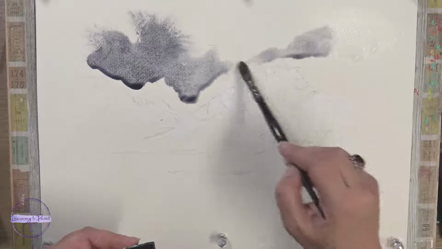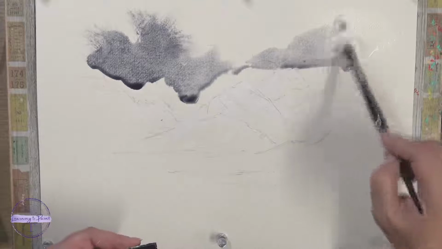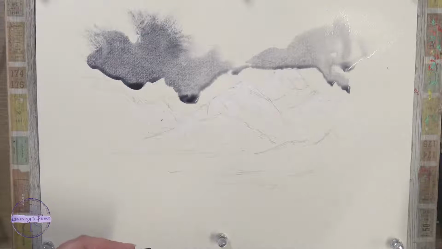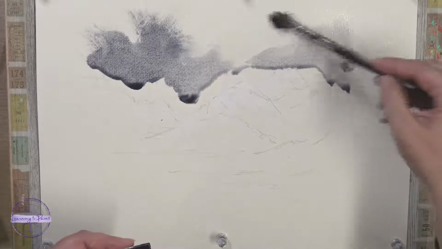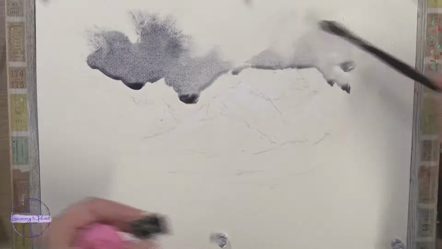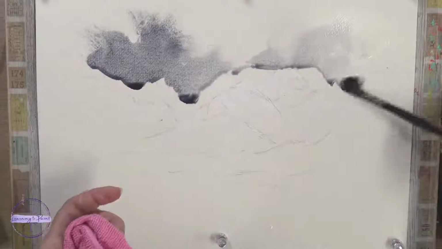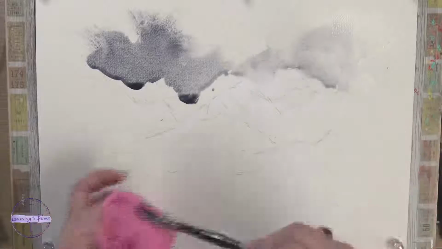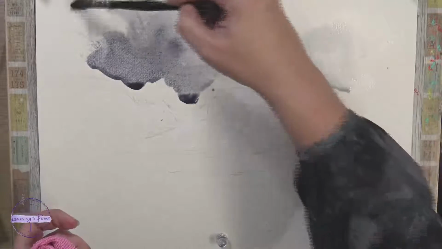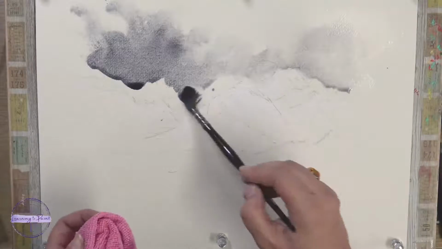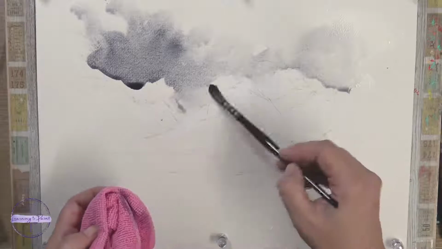And let's pop some of it as well over the top of this mountain so that we get a nice stormy version. Now I'm going to go back in with a wet brush to move this, to kind of eke it out a little bit. I want to mop some of that up. I can use my microfiber cloth for that.